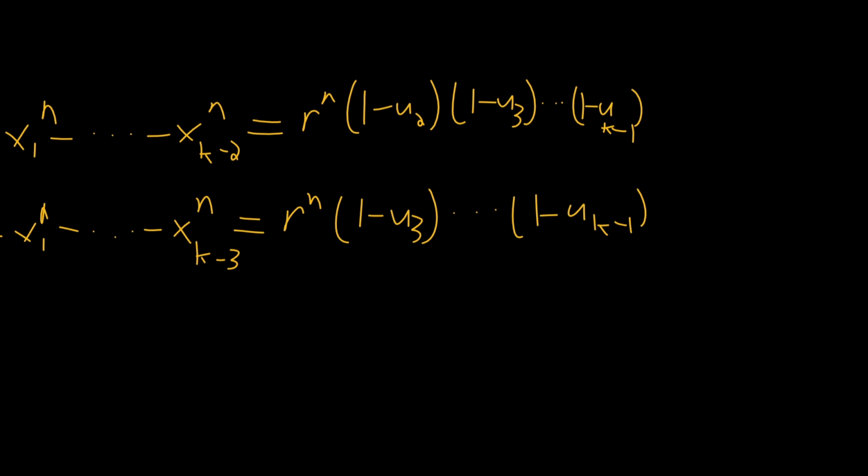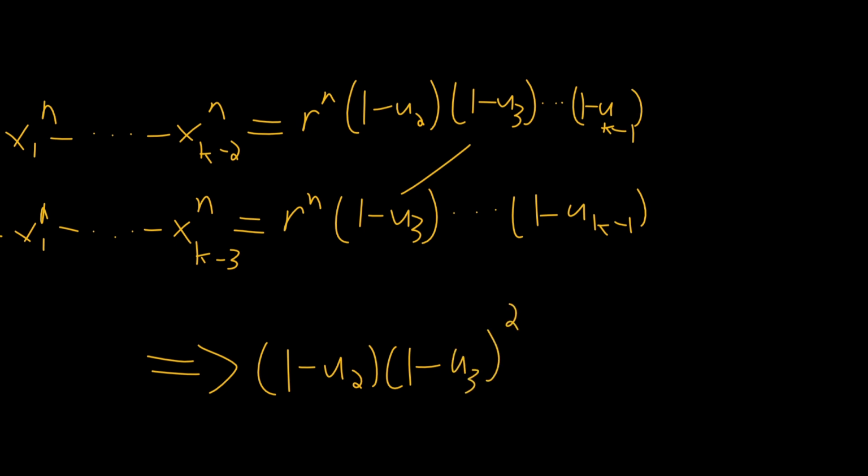And then after multiplication, what we have is just a 1 minus u2, but then we have two 1 minus u3s. So 1 minus u3 squared, and then we're going to have a 1 minus u4 to the third, and so on and so forth, right? Until we reach 1 minus uk minus 1.